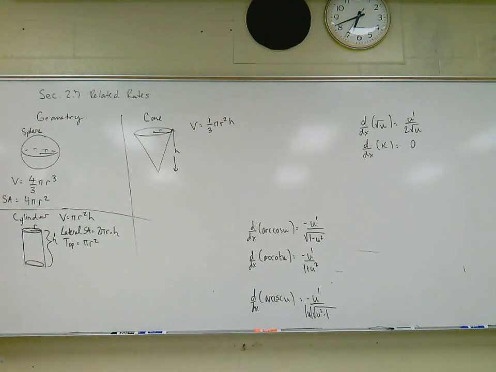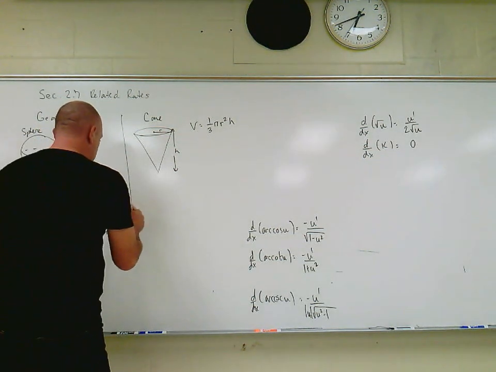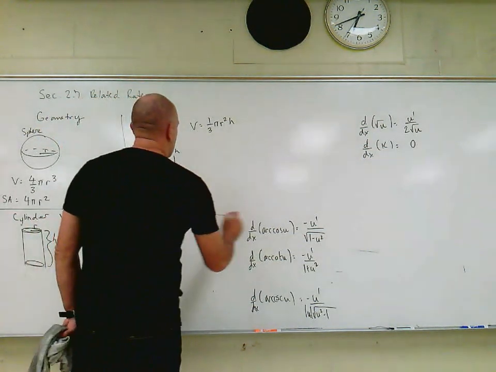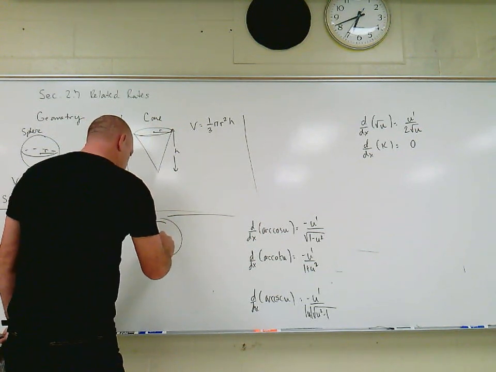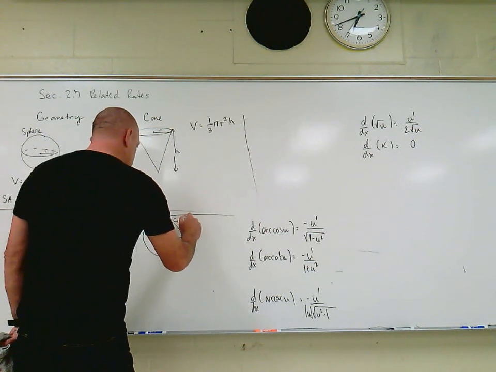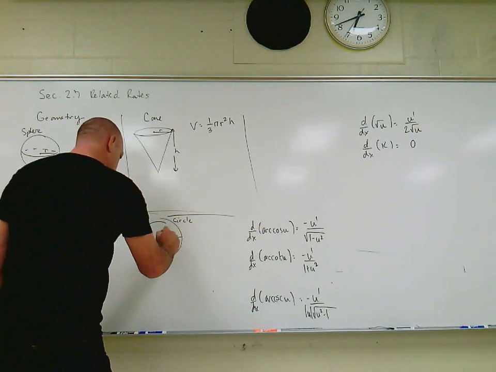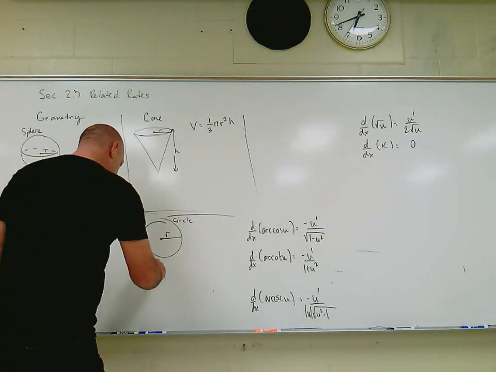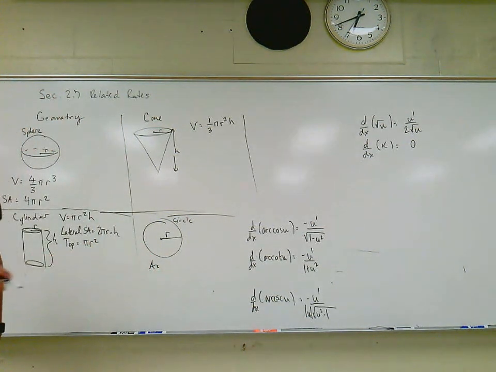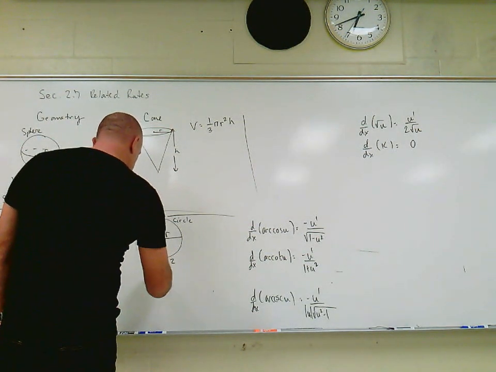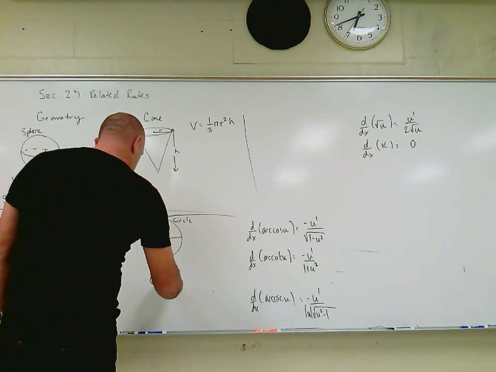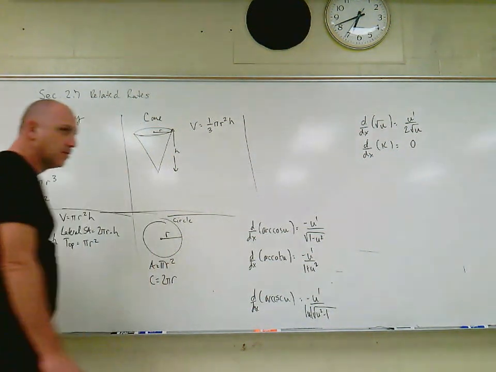All right. Then a couple of 2D. How about just a circle? There's our radius. Our area of a circle is what? Pi r squared. Our circumference of a circle is what? 2 pi r.